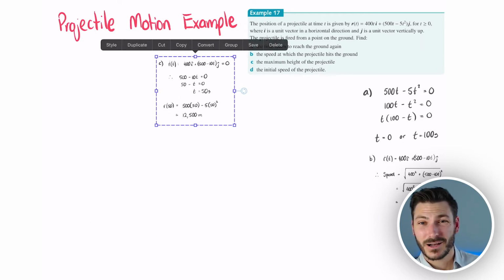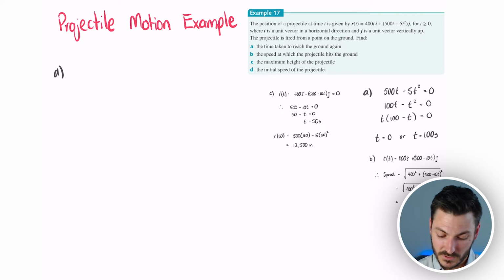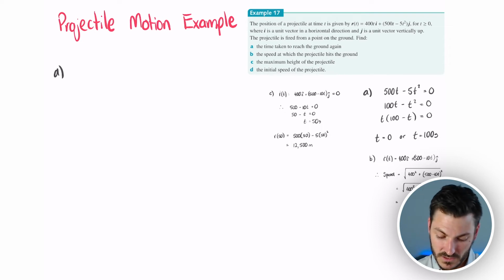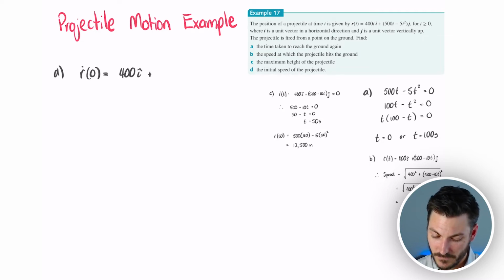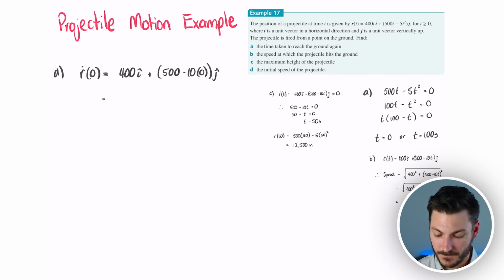And finally, part D, it wants us to find the initial speed of the particle. We can do that by finding the velocity vector when t equals 0. So r dot of 0 is equal to 400 in the i direction plus (500 minus 10 lots of 0) in the j direction, which is going to be 400i plus 500j.